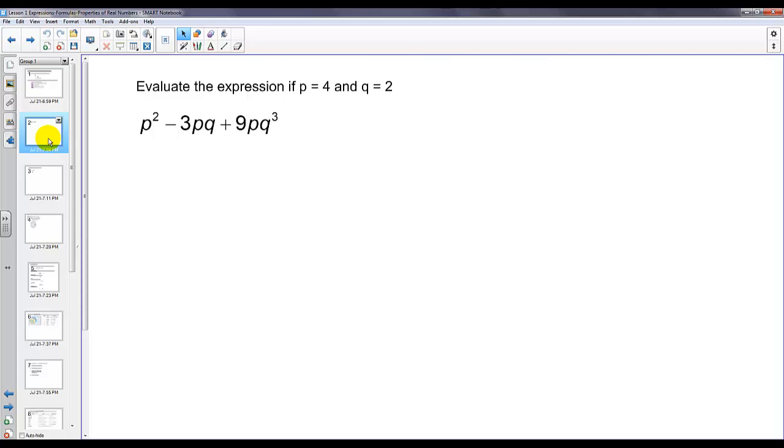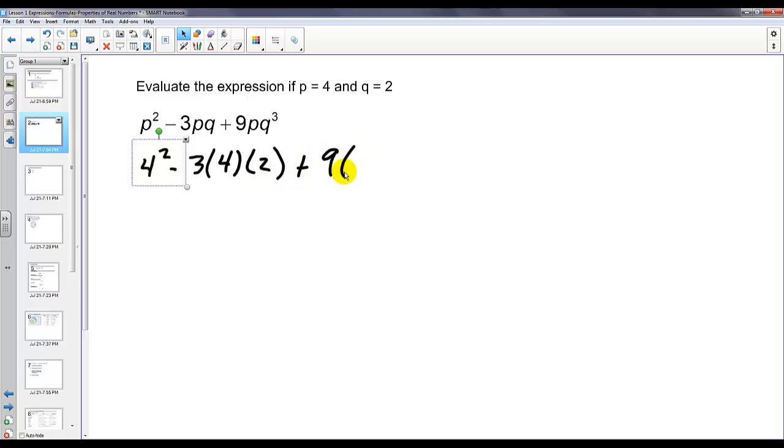You'll see we've got an expression in terms of P and Q here, where P is equal to 4 and Q is equal to 2. I'll make those substitutions. So we have, in this case, 4 squared minus 3 times the quantity of 4 times 2 plus 9 times the quantity of 4 times 2 cubed.